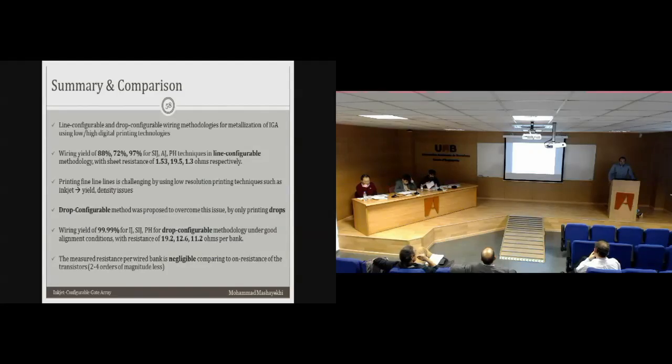So, as a summary of this step, we propose line configurable and drop configurable wiring methodologies. Yields between 70 and 97% were observed for line configurable, but the issue was printing fine lines with low resolution printing technologies like inkjet. So we proposed the drop configurable method, in which only by leaving drops we can have the electrical connection.